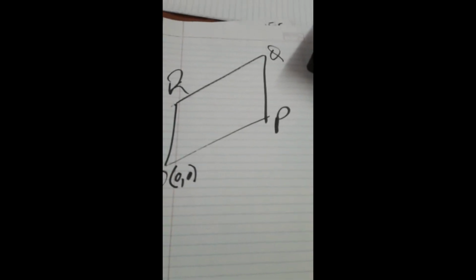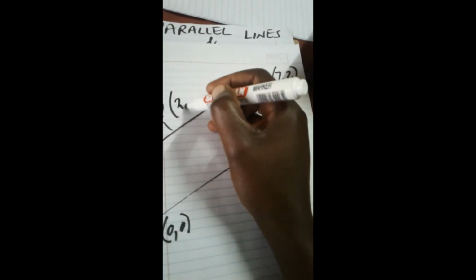Then we also have point P as 5, 3. Then point Q as 7, 2. Then point R as 2, negative 1.